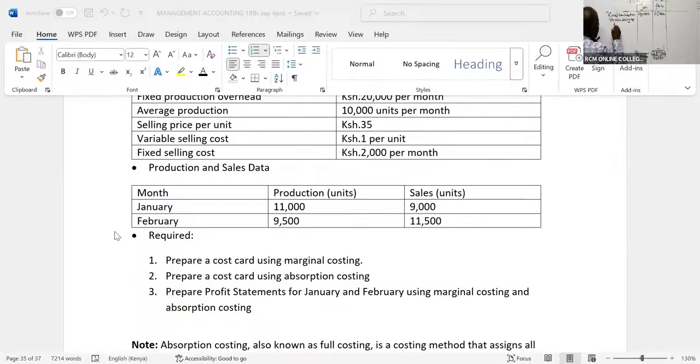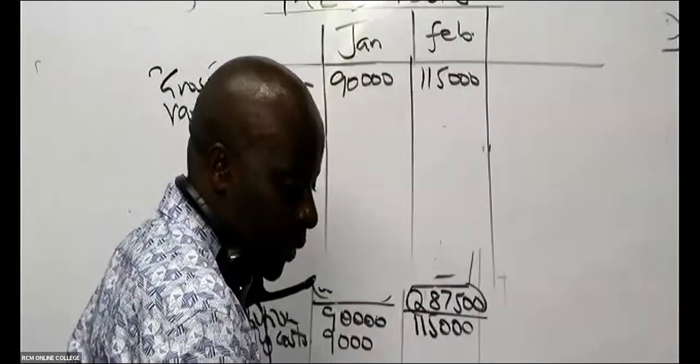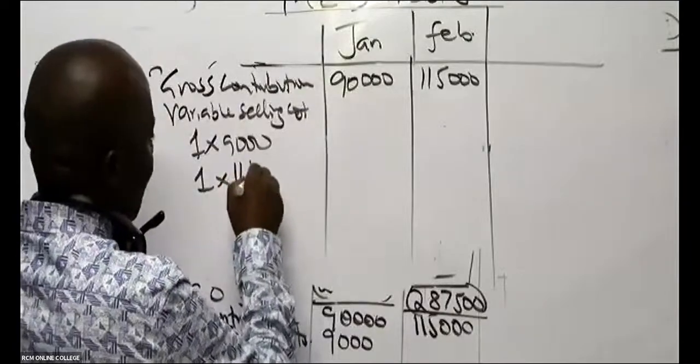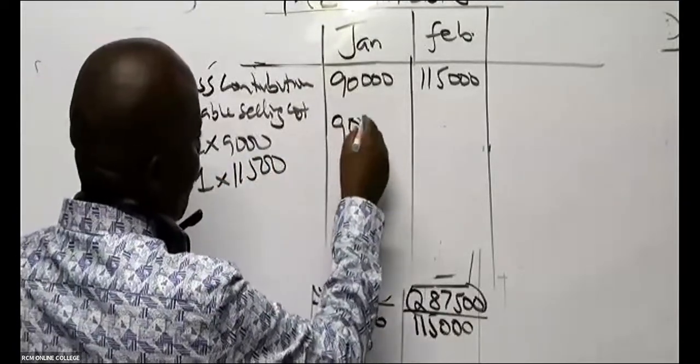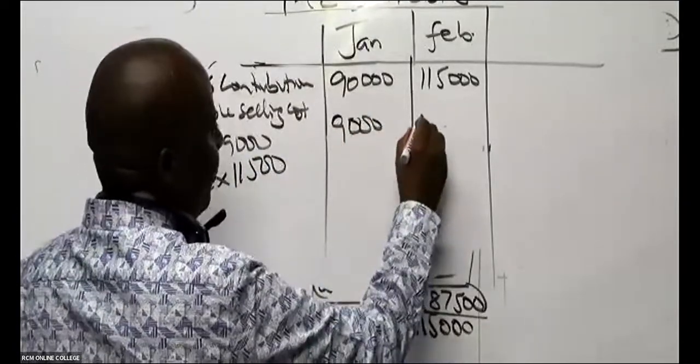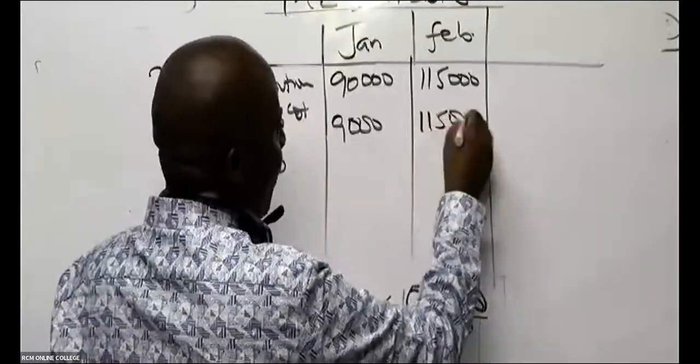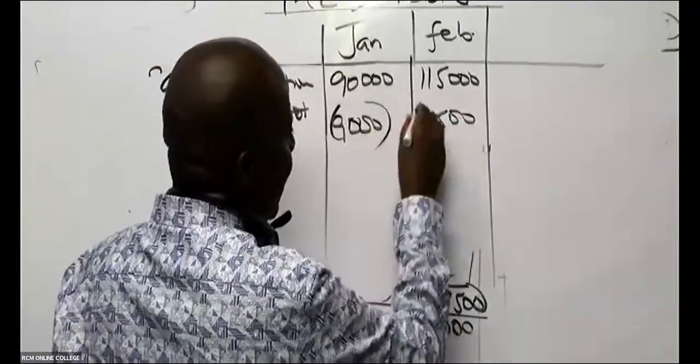So January, it will be 1 times 9,000. February, it will be 1 times. How many units do we sell in February? 11,500. Yeah, so we sold 11,500. Yeah, please subtract. That is the only one.